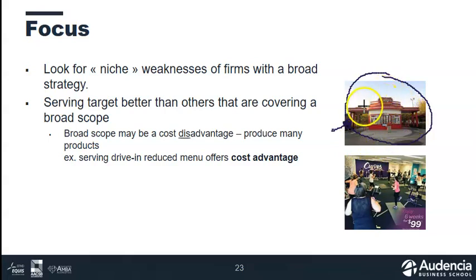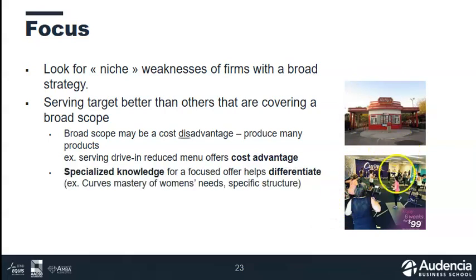Because they had limited production, a limited menu, and very small human resources, you could actually get a hamburger, fries, and shake at Rally's for like $3, which was impossible for McDonald's to do. And so they were able to achieve a cost advantage, which is really kind of cool. They were serving that niche market.